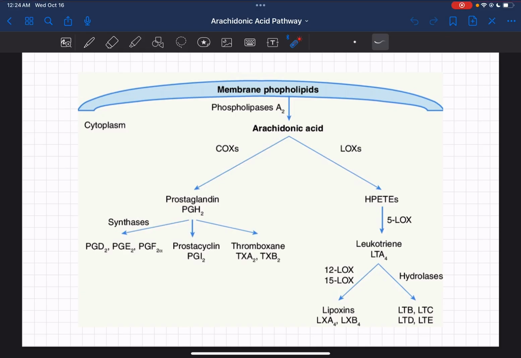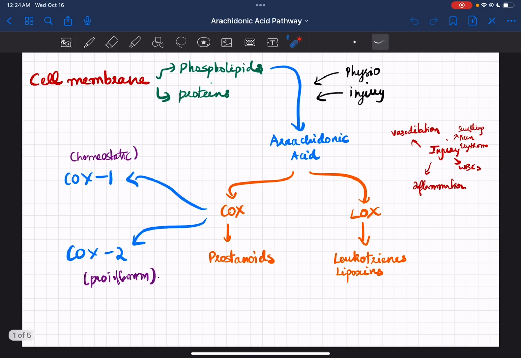Now, do you remember COX has two subdivisions, COX1 and COX2? What's the difference between COX1 and COX2? To understand the difference, COX1 means some homeostatic process. What is homeostasis? That means the balance, the equilibrium that our body has to maintain a stable, healthy environment. COX1 is active under normal physiologic conditions, so that's why COX1 is homeostatic.